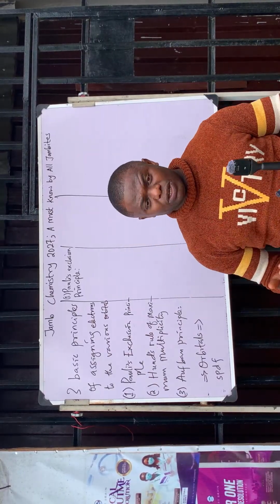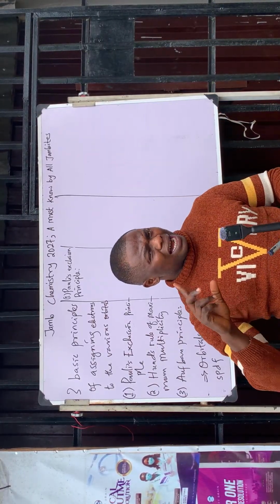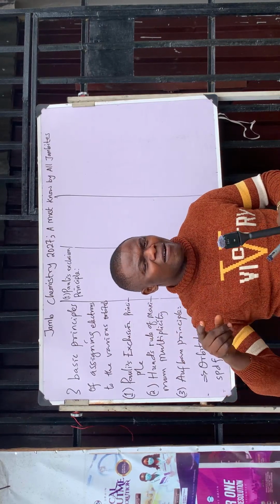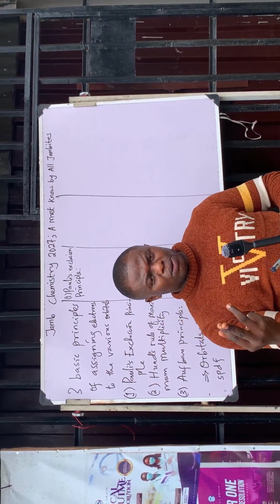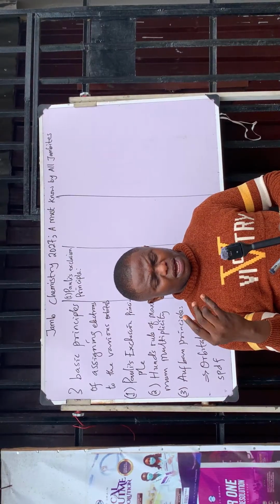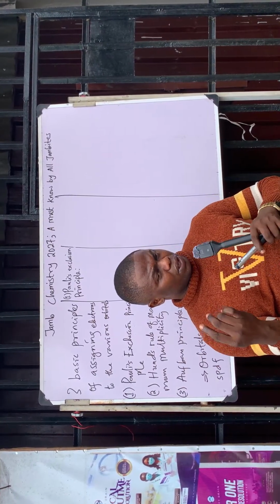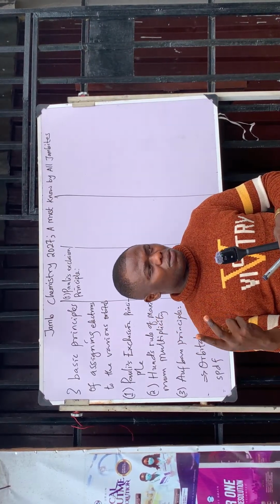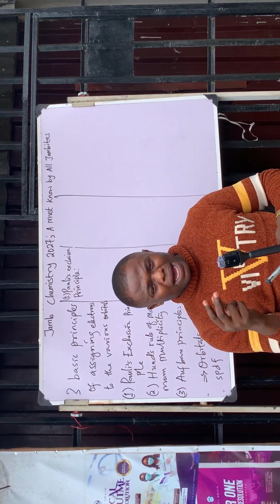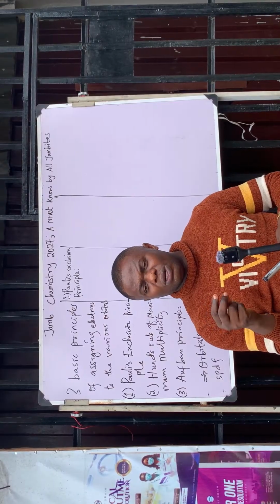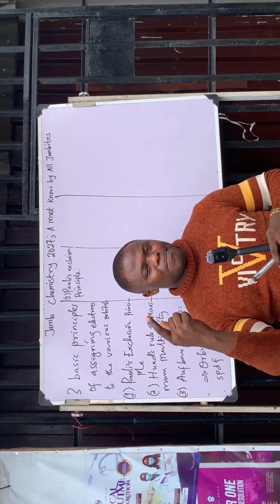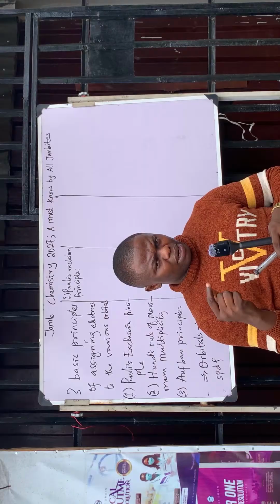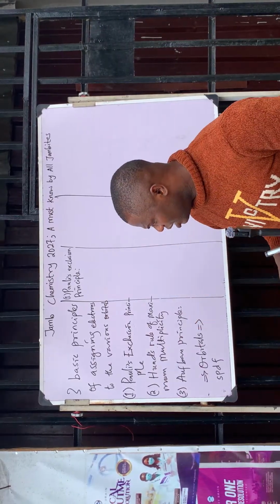What is the interpretation of that? An electron may have the same principal quantum number, which is in charge of the energy levels of an orbital, the same azimuthal quantum number, which determines the orbital shape, the same magnetic quantum number, but not the same spin.